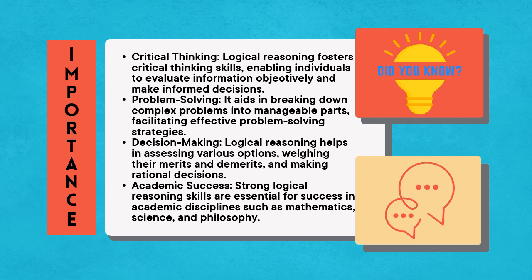Of course, when you talk about metacognition, metacognition involves awareness and control of one's own cognitive processes. Individuals who possess metacognitive skills can monitor their reasoning processes, identify errors or inconsistencies in their thinking, and adjust their reasoning strategies accordingly.